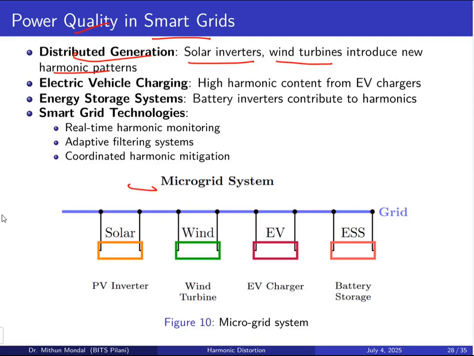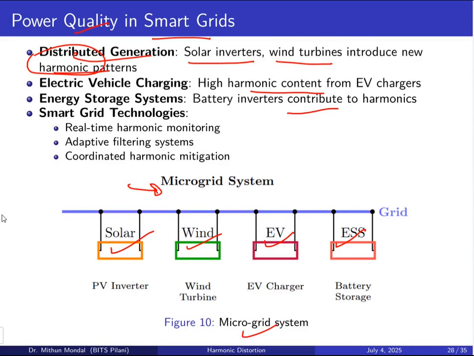If you see here the microgrid system, which is the combination of solar, wind, electric vehicles and battery storage systems, having so many renewable energy sources as well as battery sources, they will be introducing new harmonic patterns. So if you have this, then you will also have high harmonic content, which is basically produced by vehicle charging, and this will again contribute to the previous harmonics which are already there in the system.